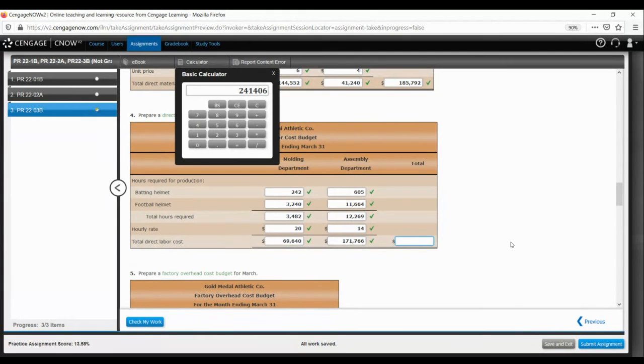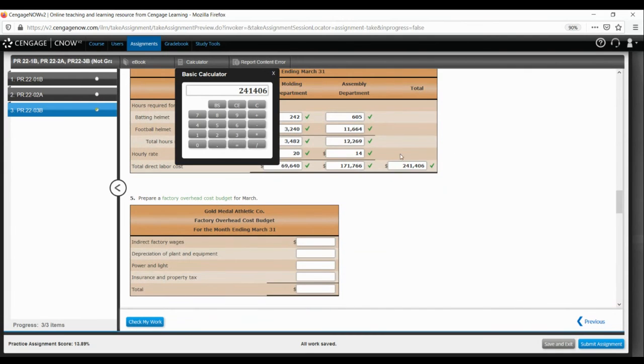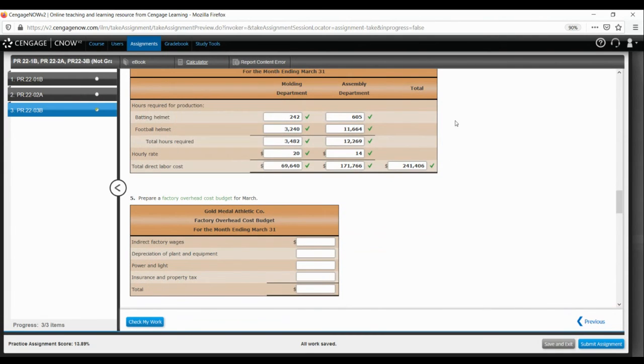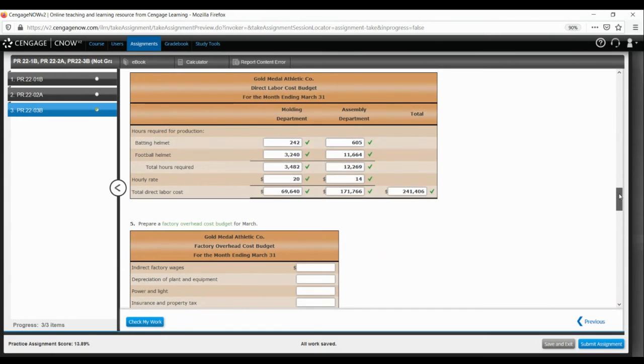And that's going to give you 241,406. And once we're through with the direct labor cost budget, this is our total direct labor cost that we're estimating, then we need to figure out what our total factory overhead is going to be.